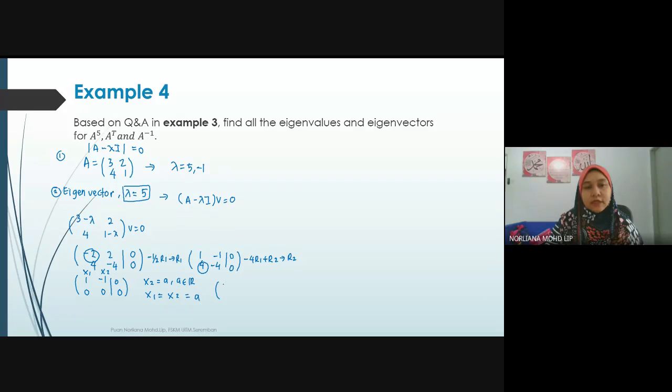So we have the eigenvector x1 and x2 equal to a times 1, 1, where a is any real number.